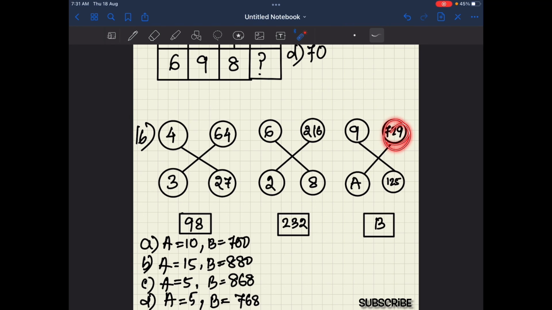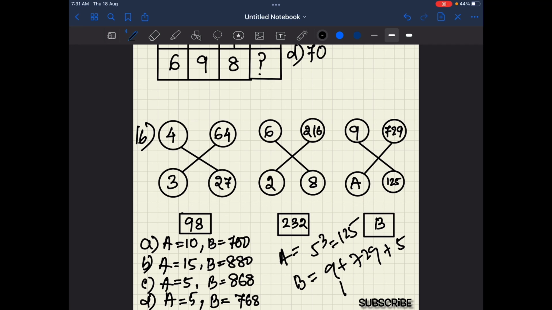Oh sorry, it won't be 768, it would be 868, because these three are only adding to 139 plus 729. Five cube is 125, A. For B it is 9 plus 729 plus 5 plus 125, it is 868.